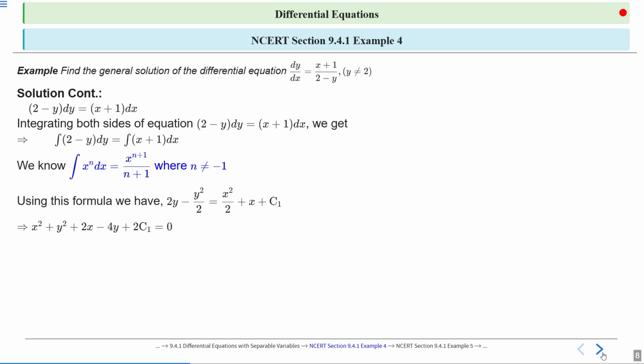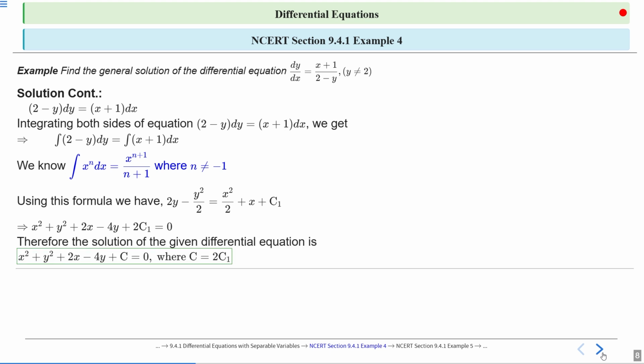So when we simplify, multiplying throughout by 2, we get x square plus y square plus 2x minus 4y plus 2c1 is equal to 0. So we can replace the arbitrary constant 2c1 with a new constant. Therefore, the solution of the given differential equation is x square plus y square plus 2x minus 4y plus c is equal to 0, where c is 2c1.